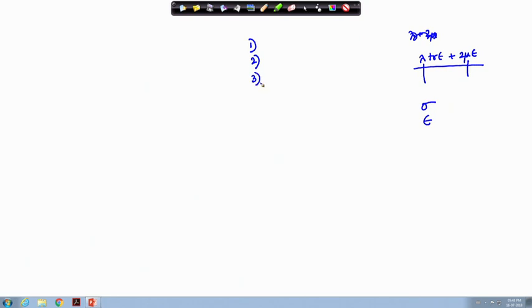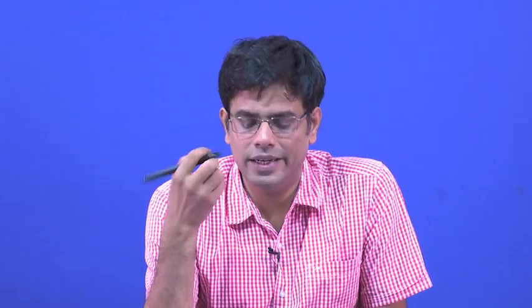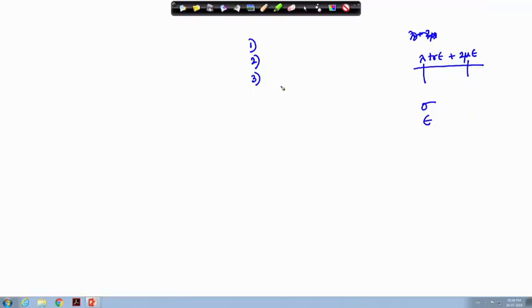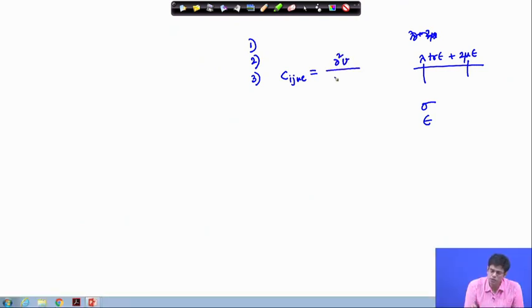Now, once we had sufficient knowledge of the isotropic material, we went to the anisotropic material. To start with the anisotropic material, we first derived the strain energy form, and then with that strain energy density, we introduced a fourth order tensor, C ijkl, for a general anisotropic material where no symmetry is assumed, which is essentially the partial derivative of the strain energy function with respect to strain.